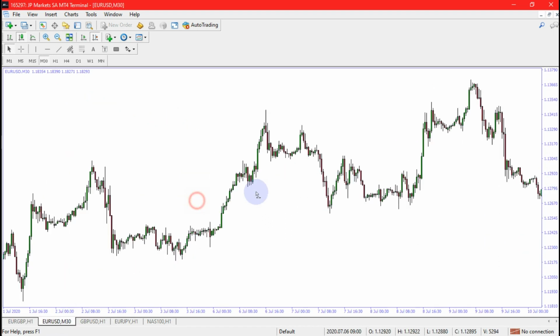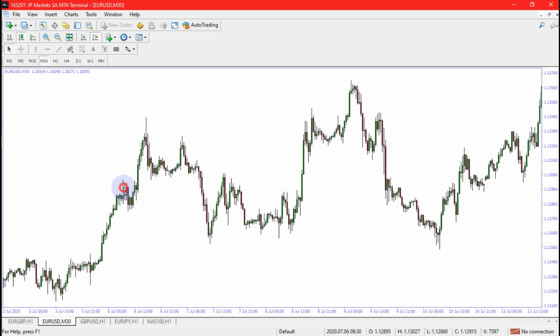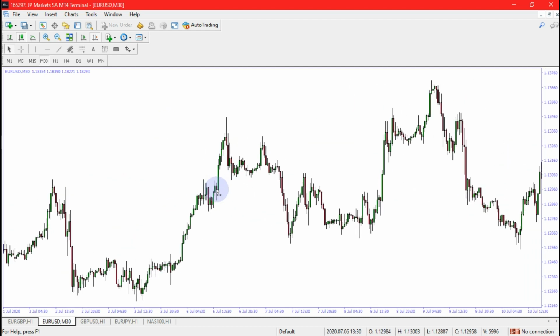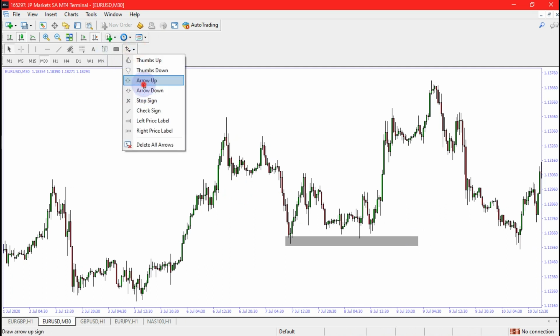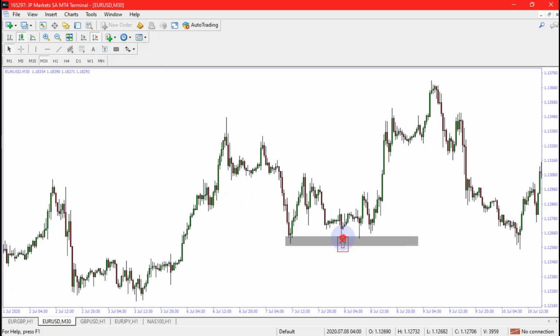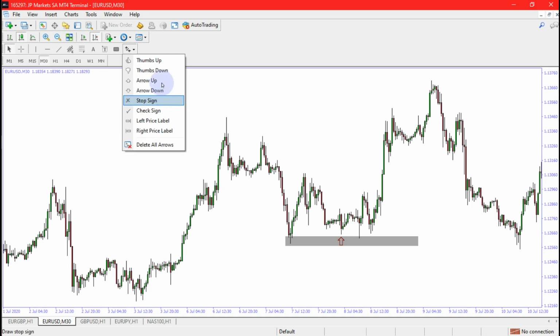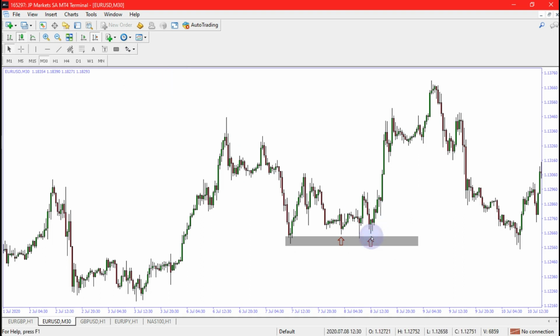Then we're also having this type of retest, a low retest. This one, you can see, is also a retest on this zone, and this last one is also a retest on this zone.